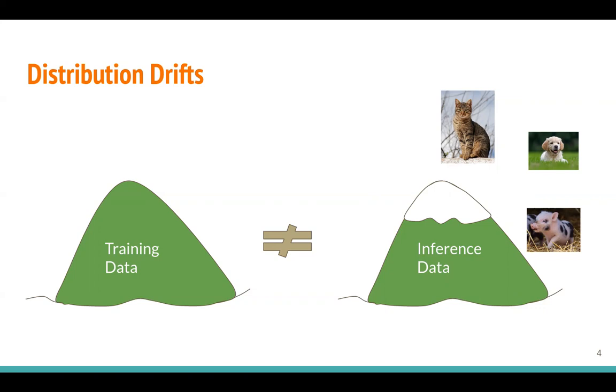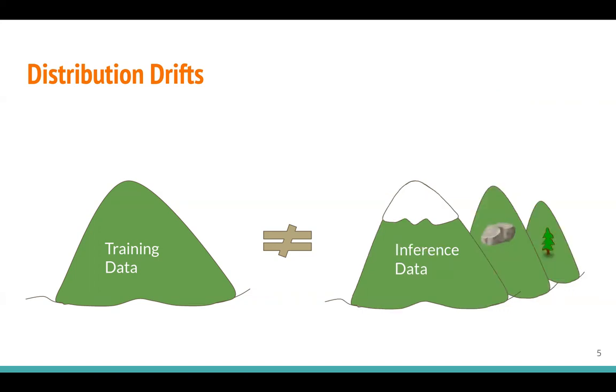This idea of distribution drift is facing a different distribution in inference than the one we trained the model on. This is not very common to do, but what happens is we face multiple distributions in a sequence of time. We can face one, but we can also face an infinite set of distributions.